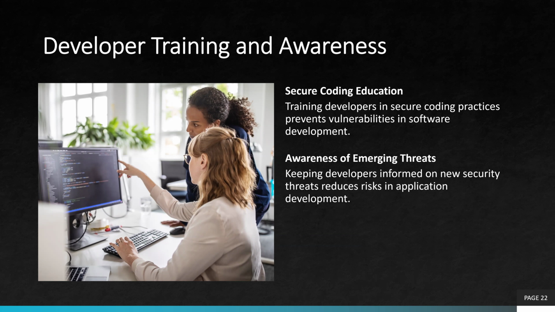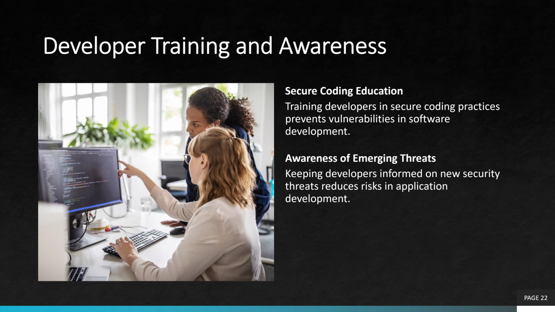But developer training and awareness. Developers mostly should be aware of all these vulnerabilities. When vulnerabilities are coming, it's not just the system administrator or DBA or network administrator's responsibility. All the system developers, application developers, and any other developers that are coding, make sure that they don't introduce new vulnerabilities to your system.